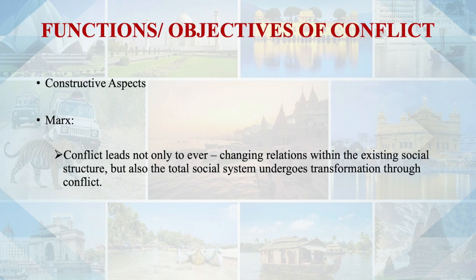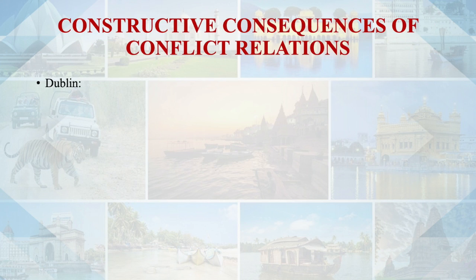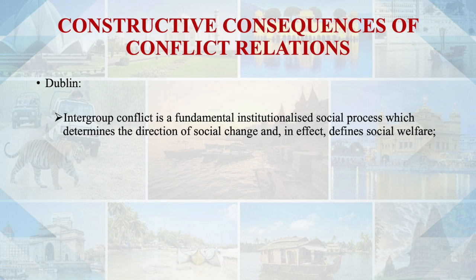Another constructive consequence of conflict relation has been given under the definition of Dublin. They say that intergroup conflict is a fundamental institutionalized social process. Dublin is considering conflict as a social process which is institutionalized, which determines the direction of social change and defines social welfare.